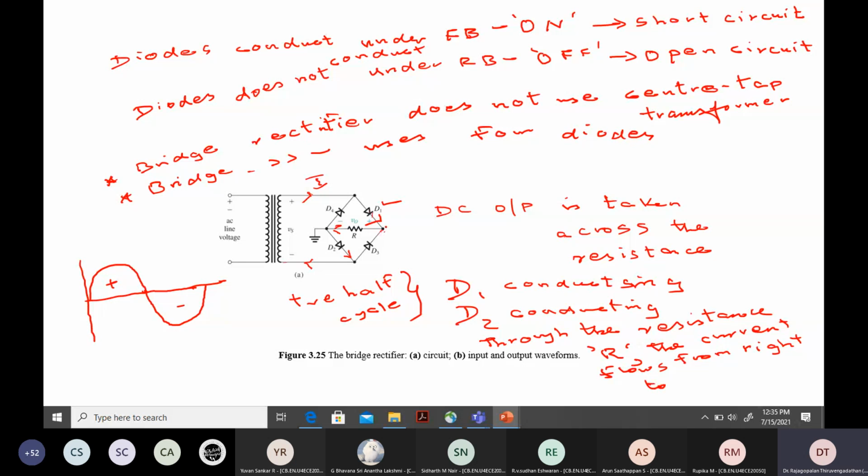So the right side is here. The direction of the currents is shown like this. It goes like this and comes like this. So right to left. Now you see here, the output is taken from here to here. So Vo is always taken across R. We had seen that already.